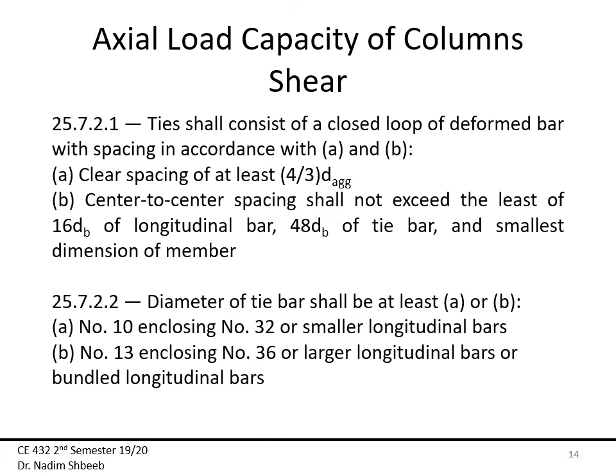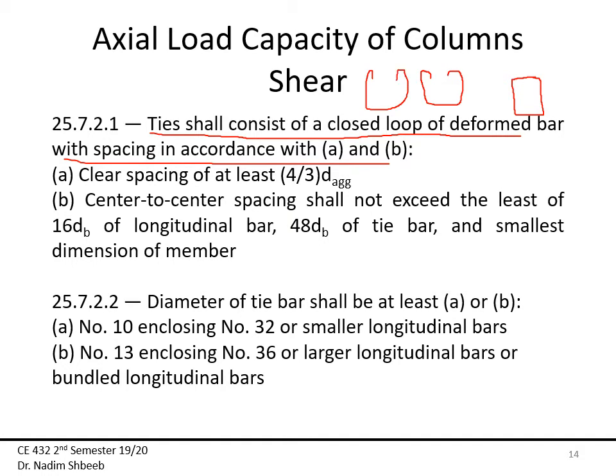All right, moving on. As far as the ties, they shall consist of a closed loop of deformed bar with a spacing in accordance with A and B. So ties in columns must be closed loops. So I cannot have an open loop. I cannot have ties like that, like we have in beams. I cannot have it like this. Okay, it has to be a closed loop.